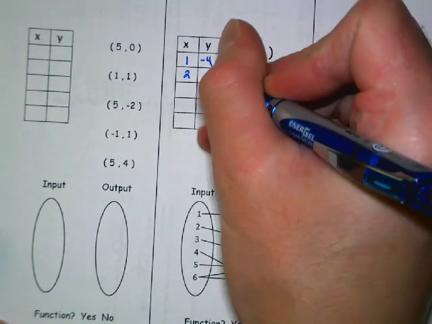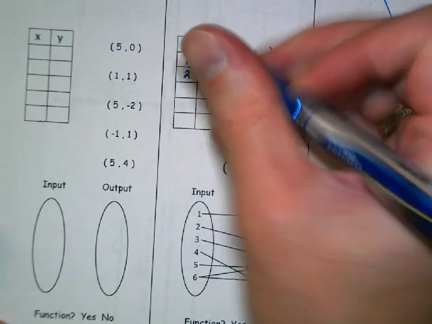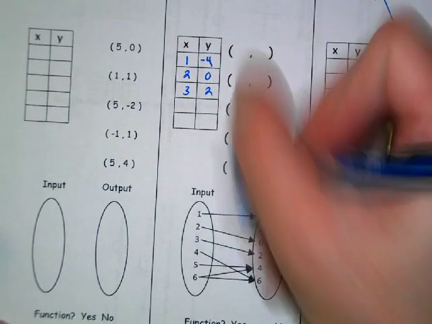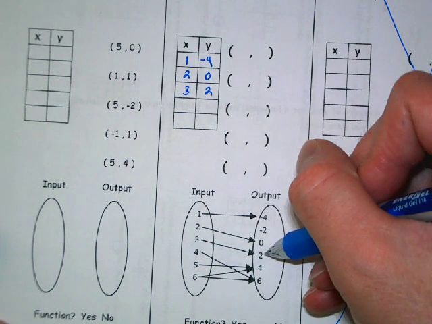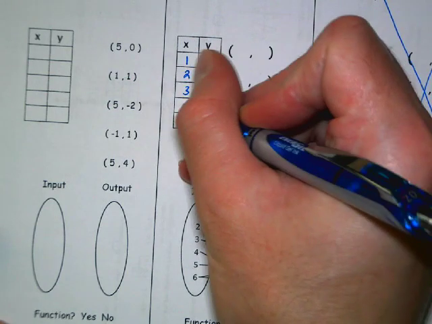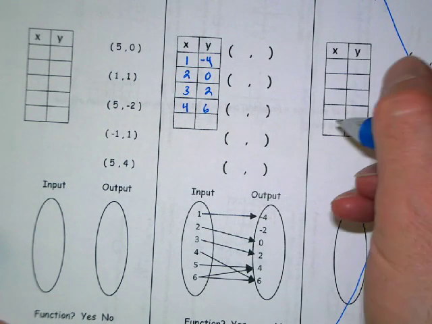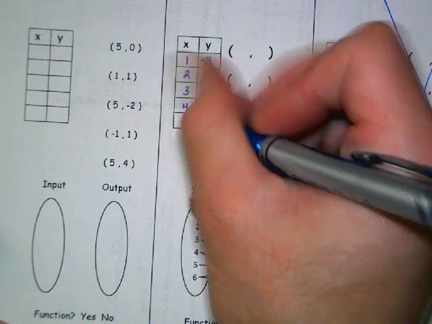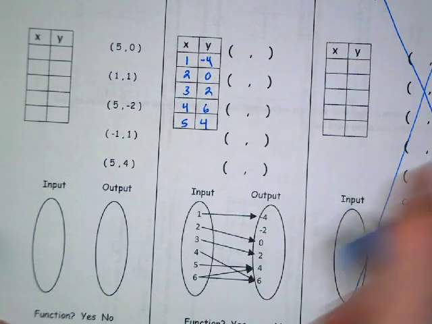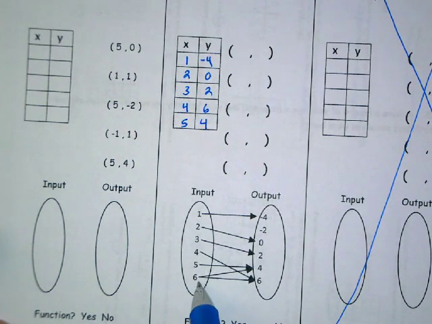So we have an x of 1 that goes to -4. We got an x of 2 that goes to 0. An x of 3 that goes to 2. An x of 4 that goes to 6. An x of 5 that goes to 4.